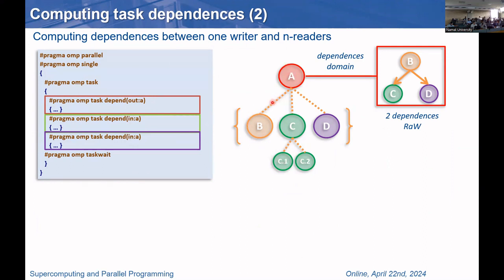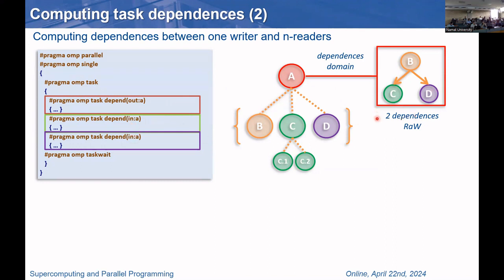A is the enclosing task, then we have B, C, and D. B should be executed first because it has the out, and it gets into C and D because they have the input.